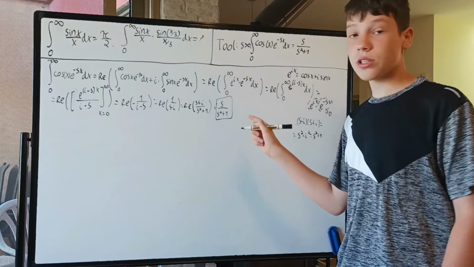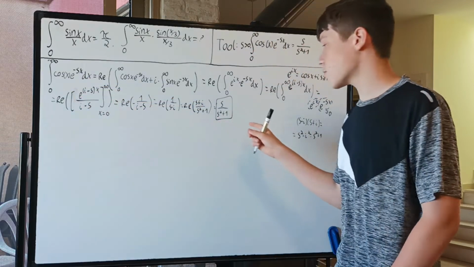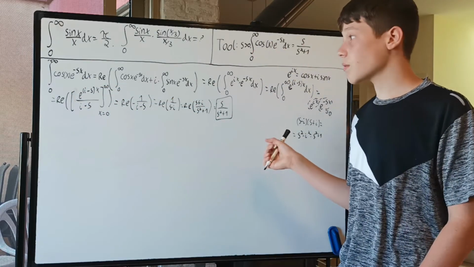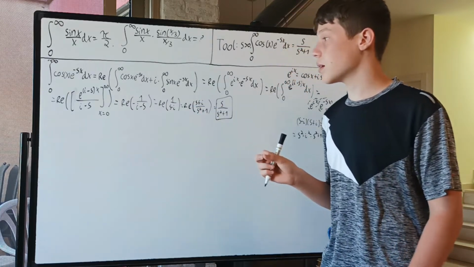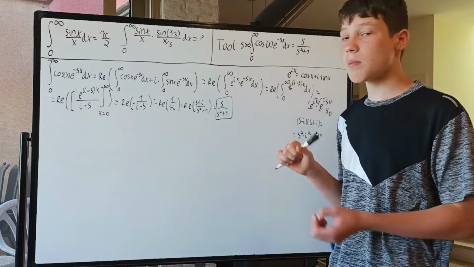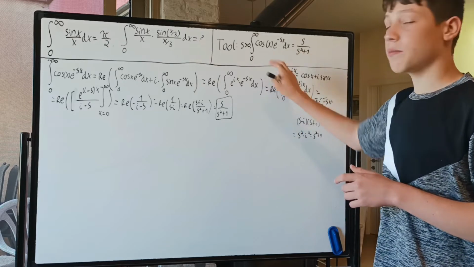My challenge to you is to evaluate this integral, show it's s over s squared plus 1, but using a different method that does not involve imaginary numbers. To me this is maybe a little bit cleaner and shorter, but nonetheless, we've proved this.